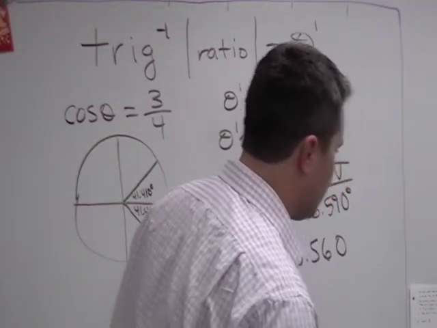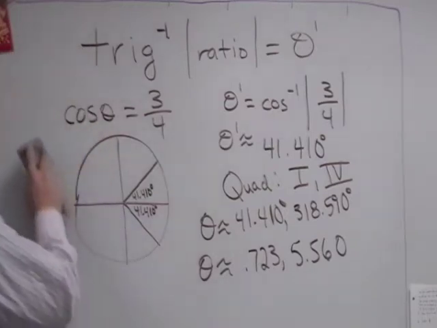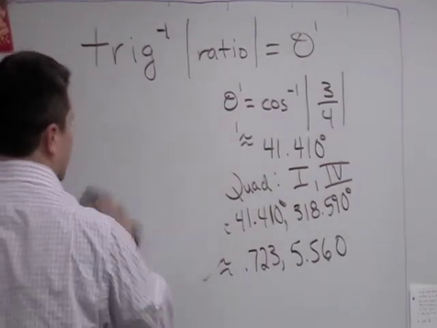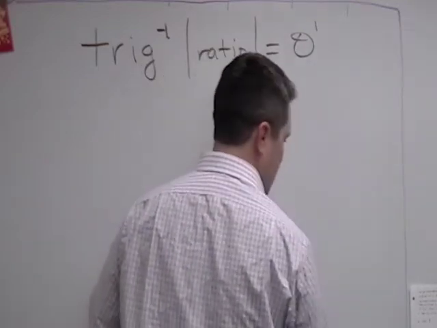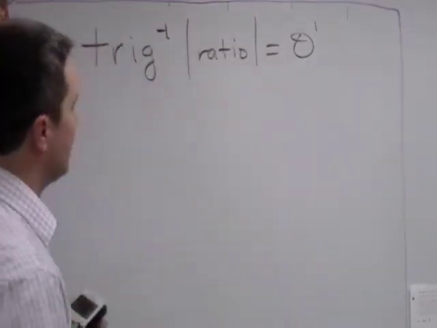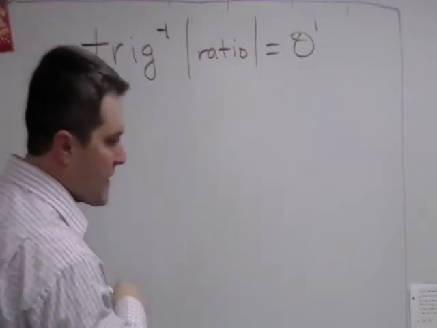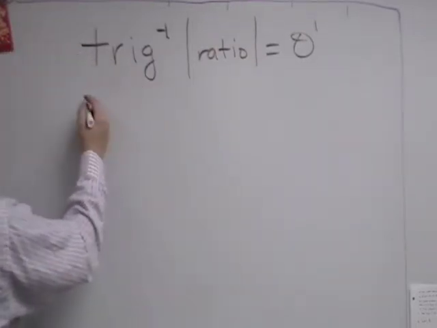All right, let's just look at one more. Let's look at C. Okay, in letter C, cotangent of theta equals negative 5.9.